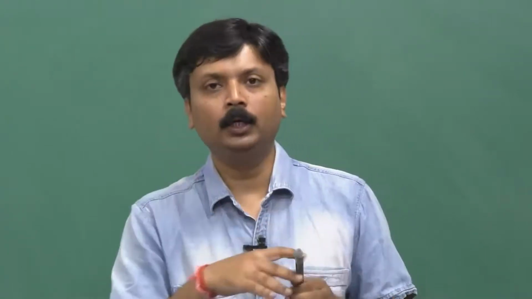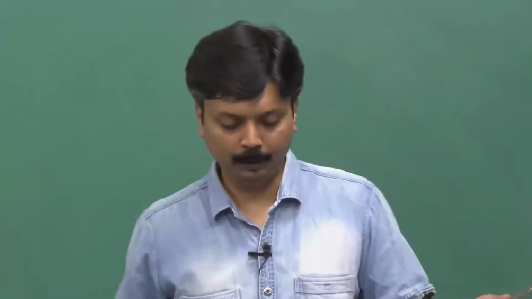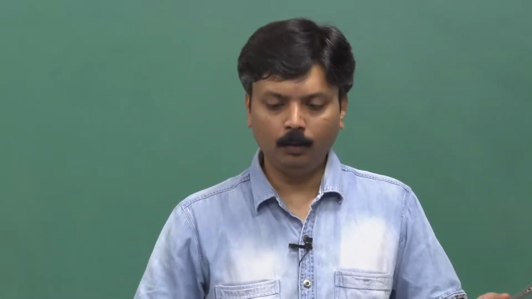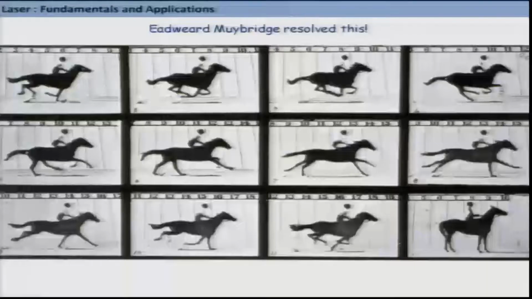So, this answer could be given because there was a technique developed which could take snapshots of any object in motion at a much faster rate. Okay. This is something known as stroboscopy. The person who actually resolved this problem was named Muybridge, and he took this photograph.